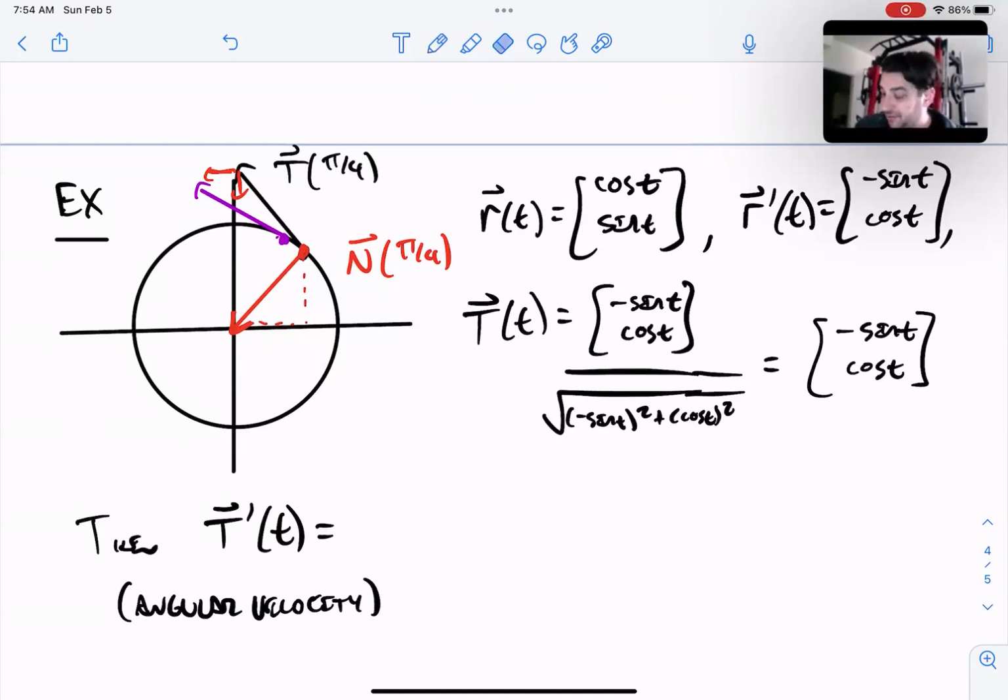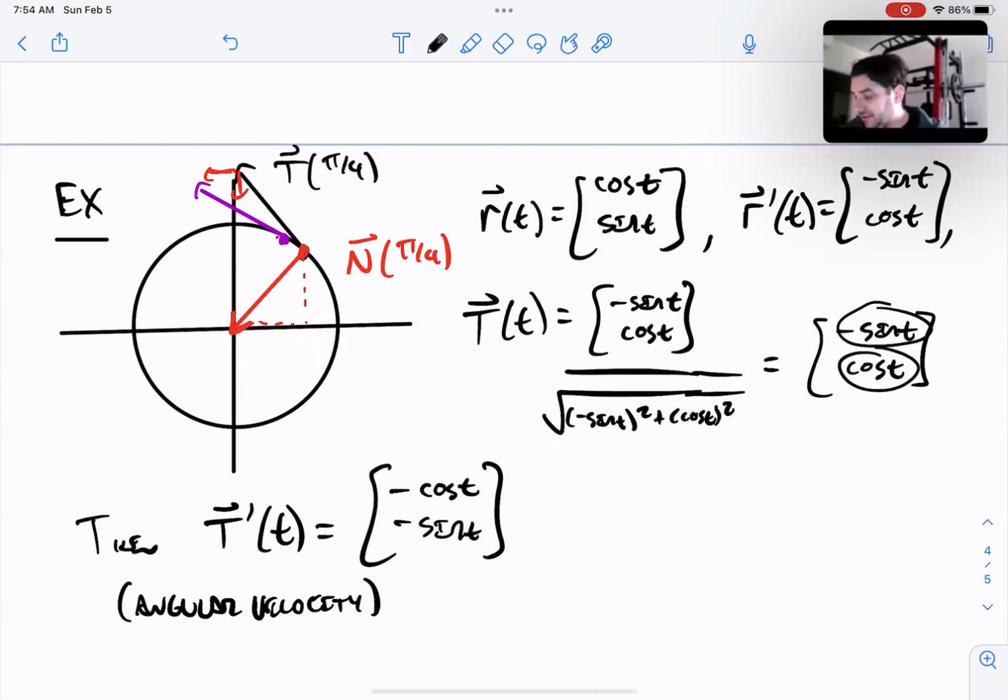So T prime, what is that going to be? Just differentiate. How you differentiate a vector: just differentiate each component. So do your derivatives here, and then we could do our angular speed.